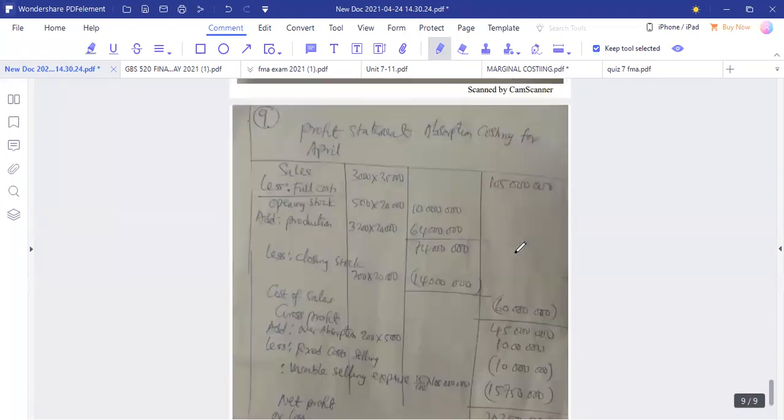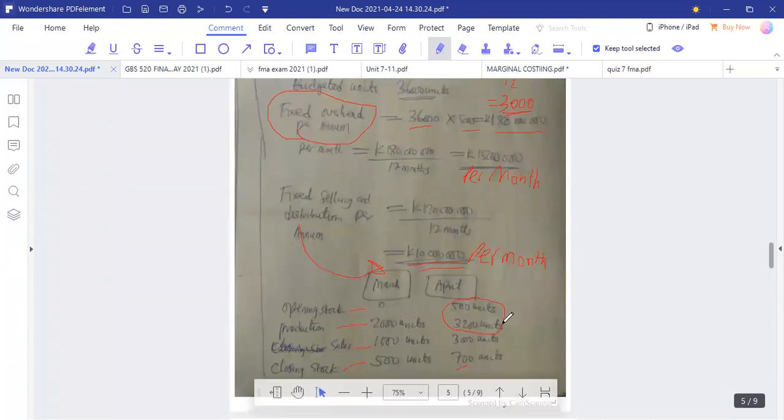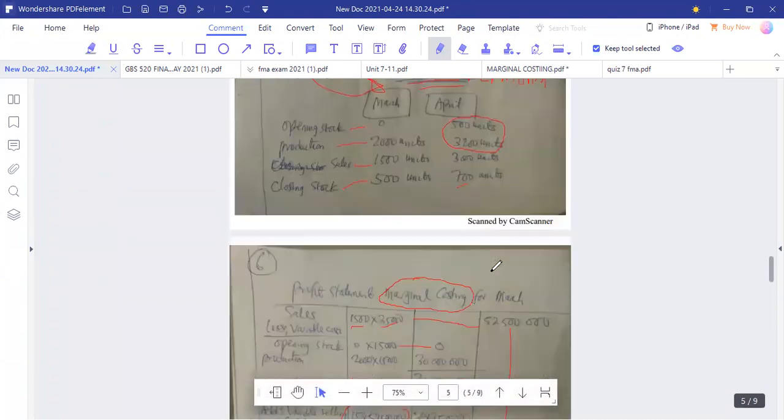Similarly, to get to a profit statement under absorption costing for April, you do the same: sales units multiplied by the selling price per unit. Then opening stock, which we can get from the table here. We are looking for April, where the opening stocks and closing stocks are there.